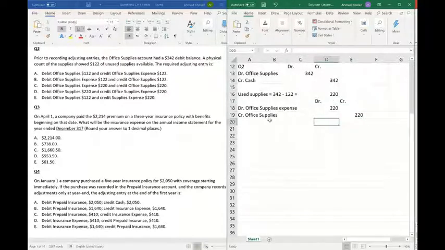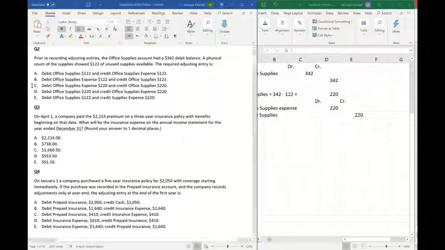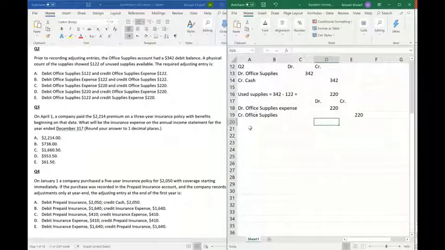If we check the choices that we have, the answer here is C: debit office supplies expense 220 and credit office supplies with the amount of 220. So the answer here is C.